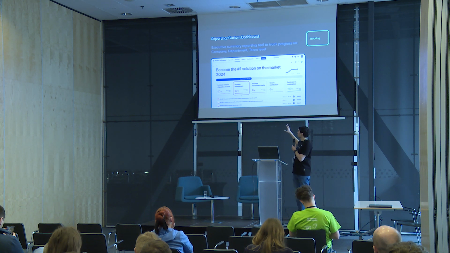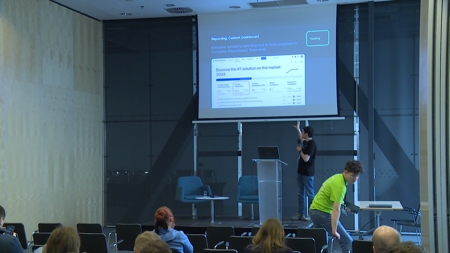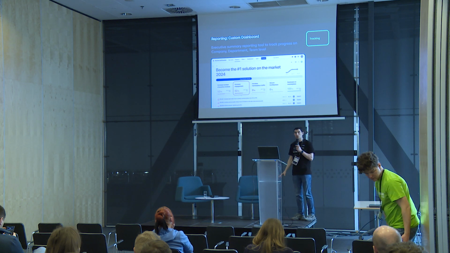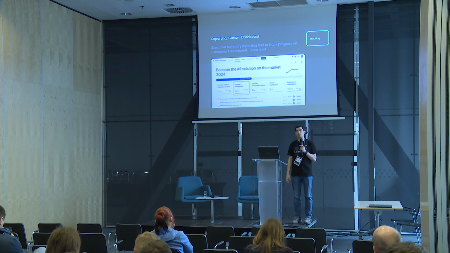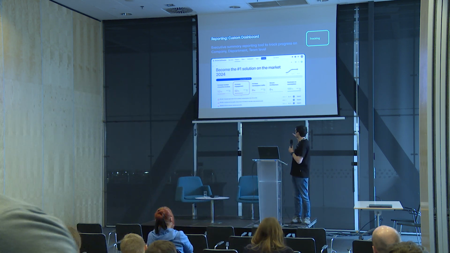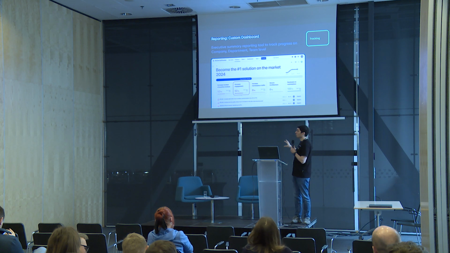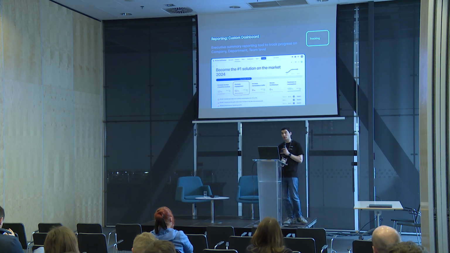Then you can place this dashboard on a TV in the office, or just send the link to this report to your C-level team, so that you avoid manual reporting to your managers. You just keep this report up to date, and it can be used to know where you are and communicate this progress to them.